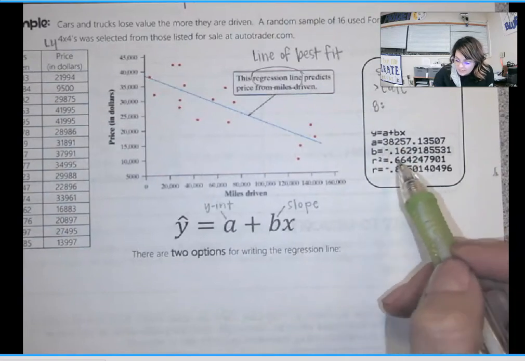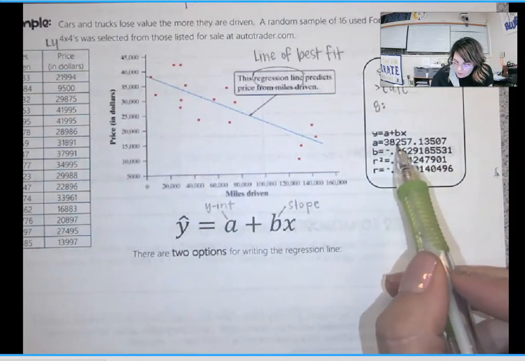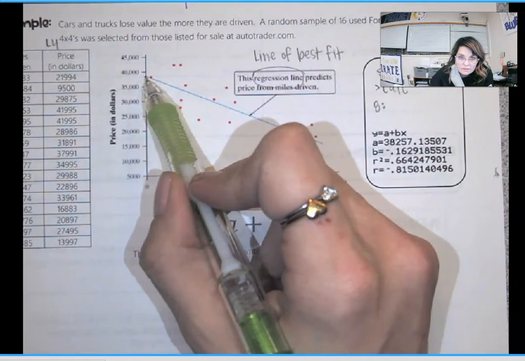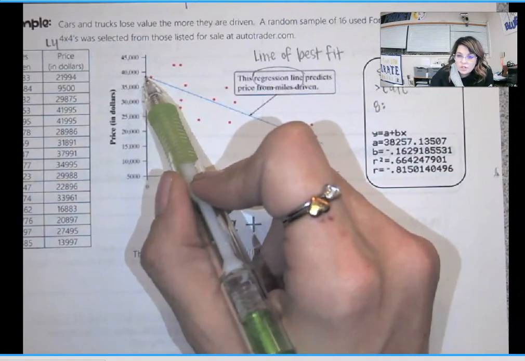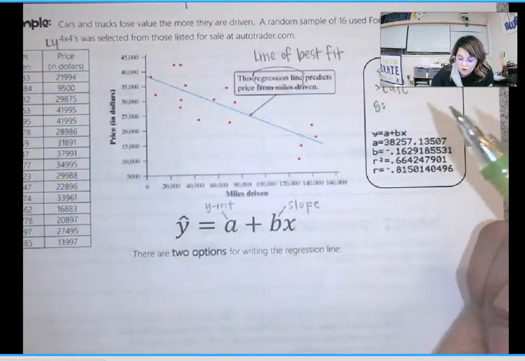So now let's see if this looks about right. At 0, we have a price of about $38,000. So that looks right. And then our slope is that we go down by 0.16 every time we increase by 1.